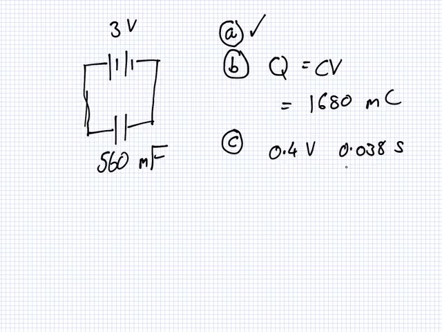The first thing I was thinking when I heard this is, do we actually need to know the time? They want the energy. So that's a half, well yeah, but also it's a half QV.